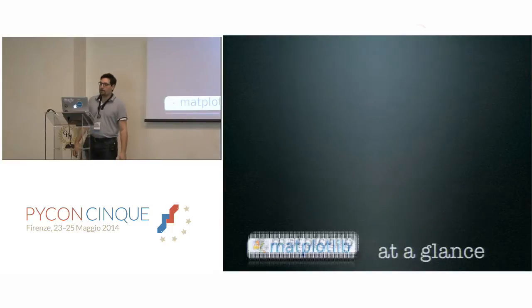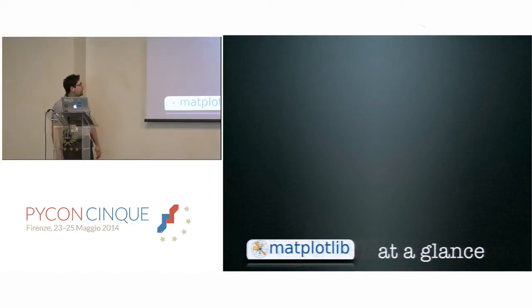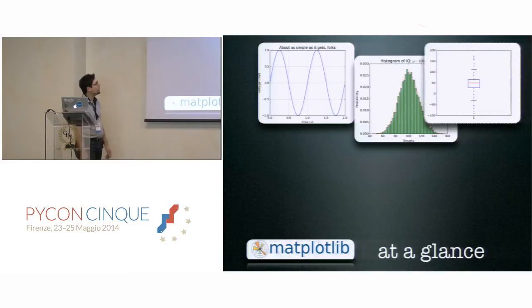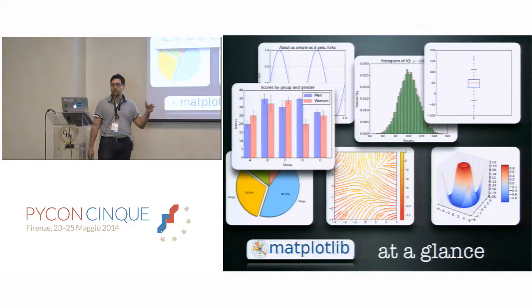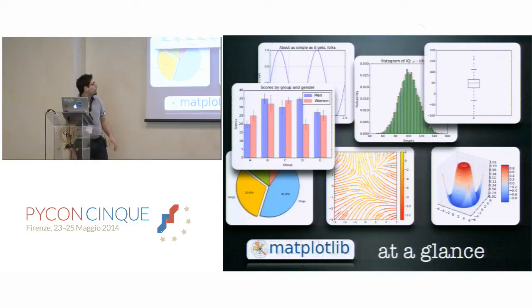Matplotlib at a glance. Matplotlib offers the possibility to plot very different charts. This is just a very small subset of charts that you can produce with Matplotlib. You can make plots, box plots, histograms, bar charts, pie charts, 3D surface charts, and string charts.